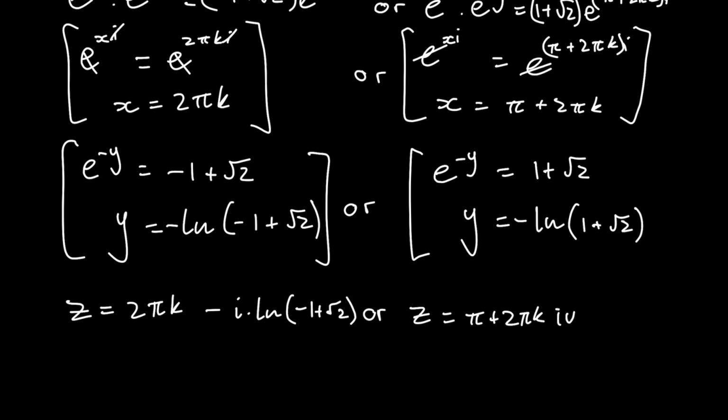We substitute in for y, and we get minus i times ln of 1 plus root of 2. And don't forget to write by the final answer, k is an element of integers.